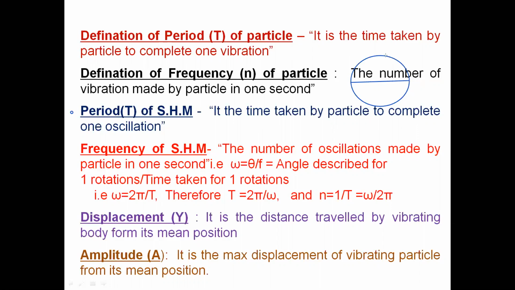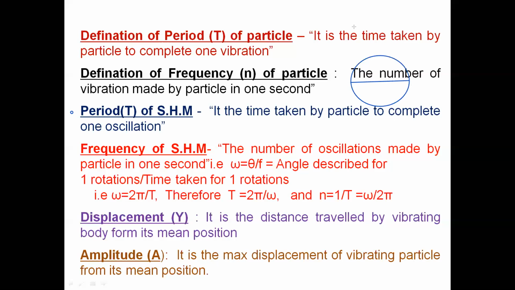Suppose a body is taken here, how many such rounds will it execute in 1 second? That is the frequency of the particle. But at the same time, when it is going round, how many times it executes simple harmonic motion in the straight line, that is the frequency of simple harmonic motion.